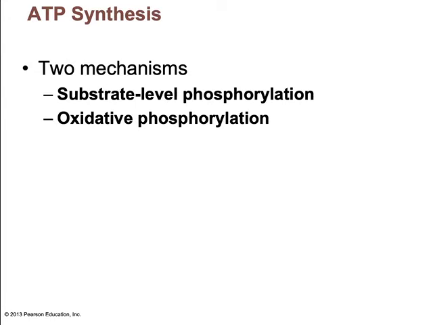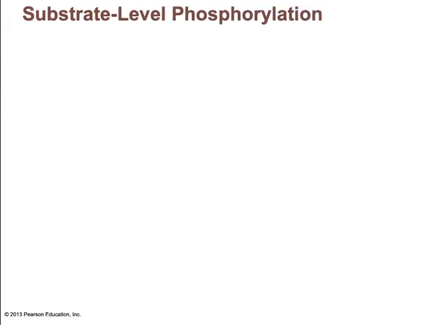In oxidative phosphorylation, we generate a proton gradient in order to produce ATP by oxidizing NADH and FADH2. And then that proton gradient is relieved as those protons flow from the intermembrane space between the inner and outer mitochondrial membrane through ATP synthase in order to manufacture ATP.